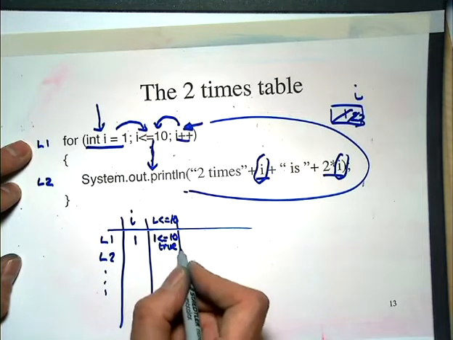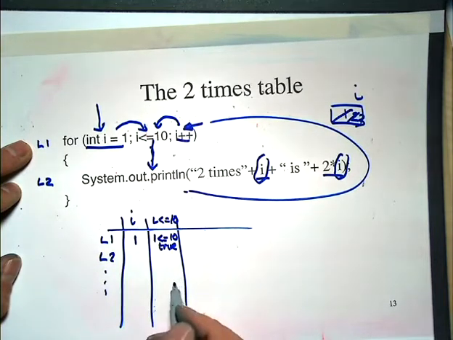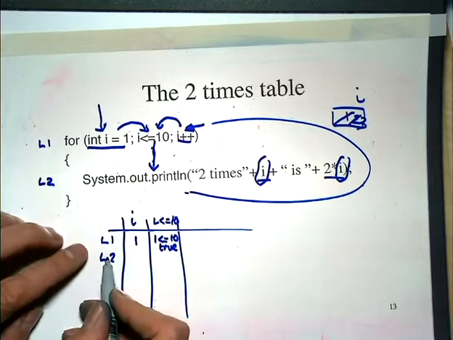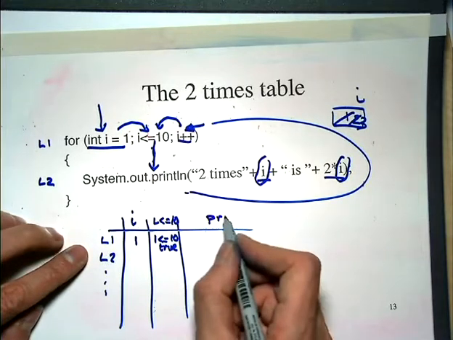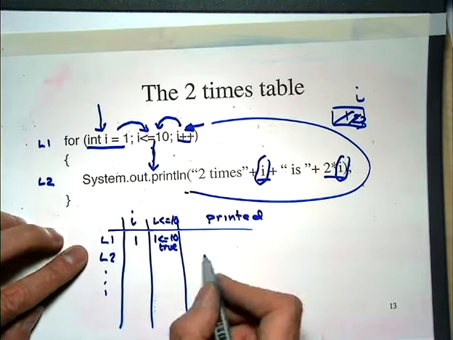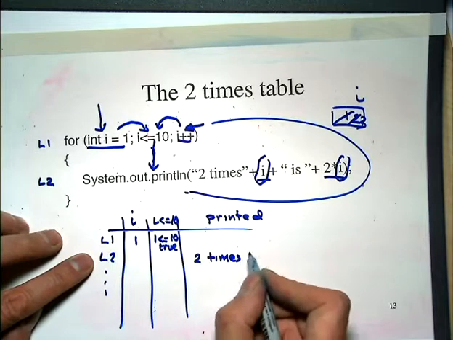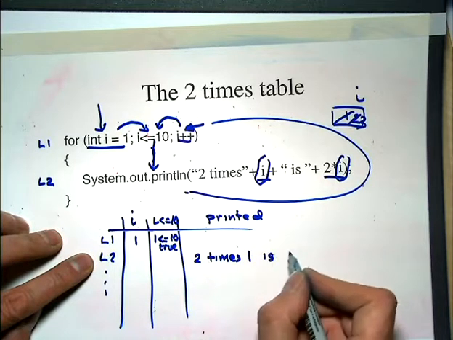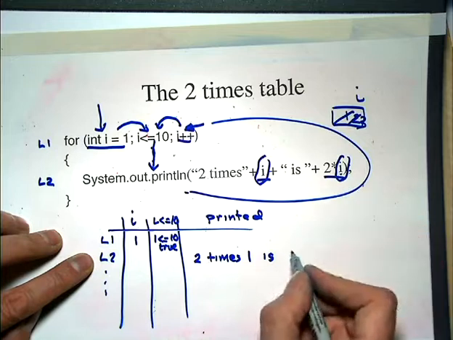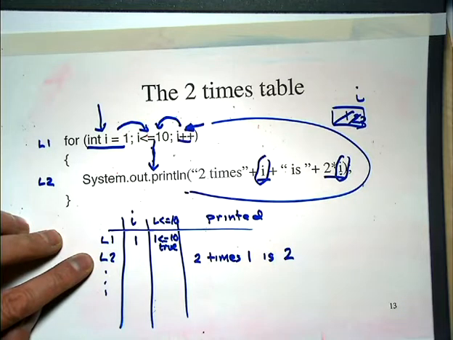And if it's true, then I go into the body of the loop and I go to line L2. And so what gets printed, so let me add a column for what's printed. What is printed is 2 times whatever I is, 1, and then I work out 2 times I, 2 times 1 is 2, and that's what gets printed.